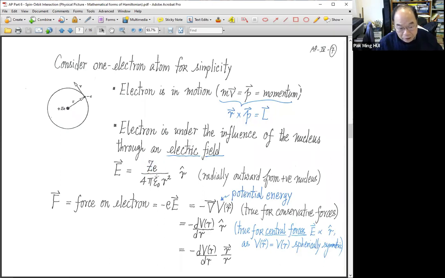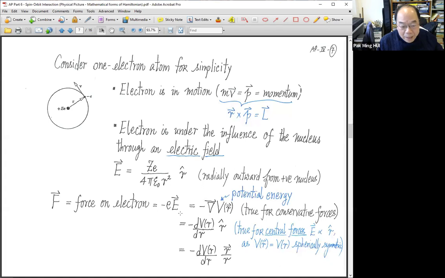Then over r squared, the direction: it is a positive charge, thereby the field lines are radially outward. So it is in the direction of the position vector r. And the force on the electron is q E, that is, minus e E.